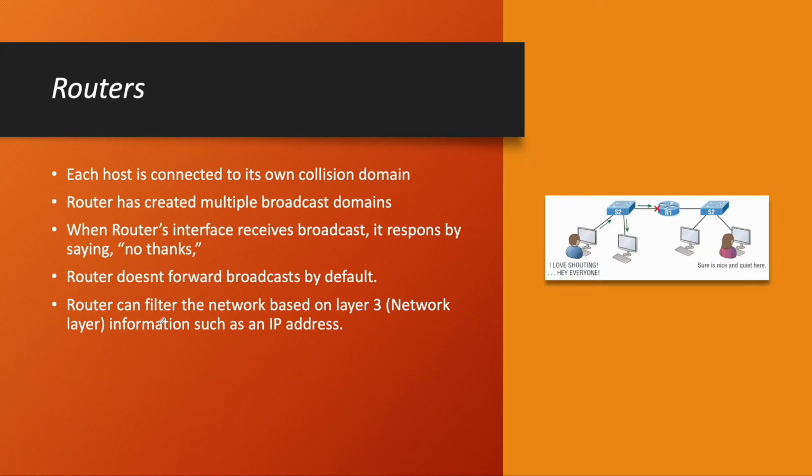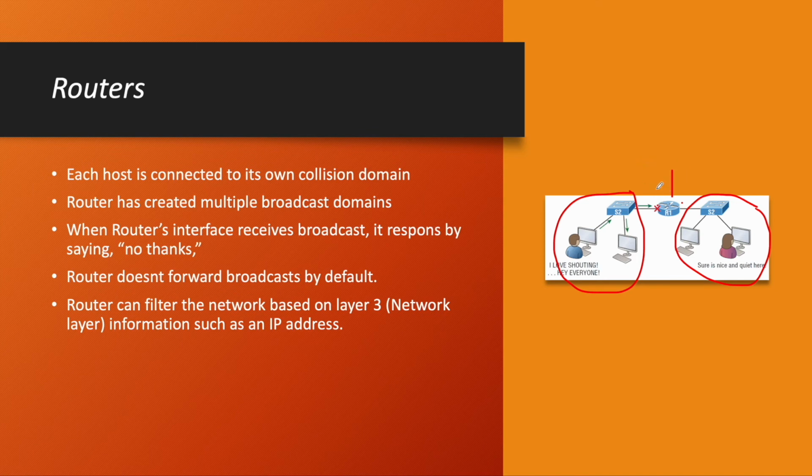If you look at how a router operates, it works in a different way. The router connects multiple local area networks together. You can see we have two local area networks and they are connected via the router here. The router breaks the collision domain, and it also breaks the broadcast domain. Every single interface of a router is its own broadcast domain.